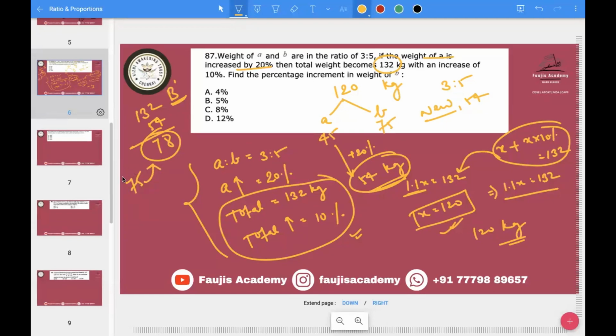How much percent has it increased? Anybody other than Sandhya or Avikaran or Shruti or Krishna? Deepti, if something became from 75 to 78, how much percentage has it increased?